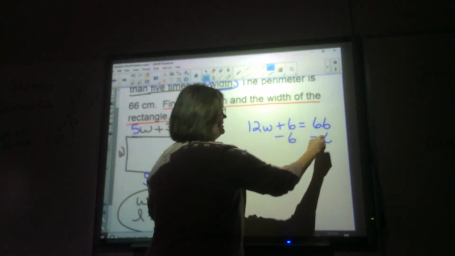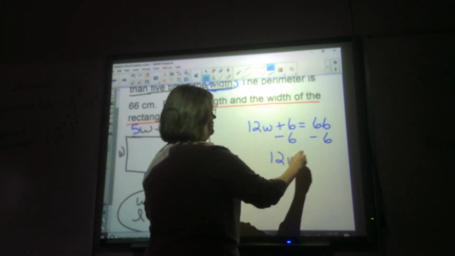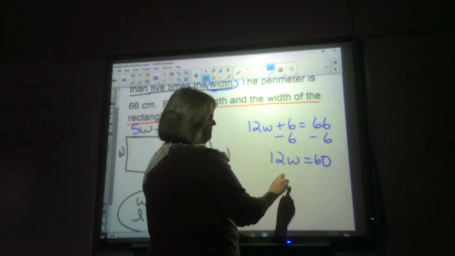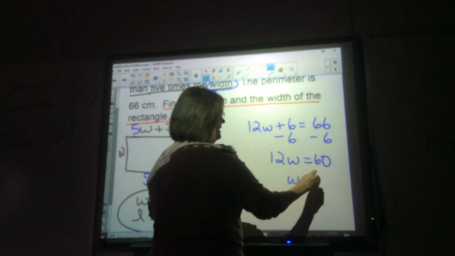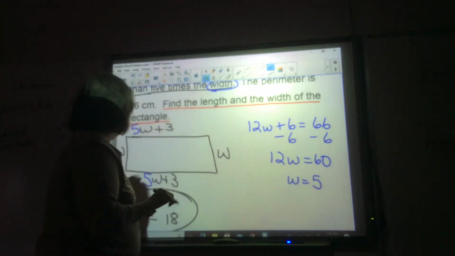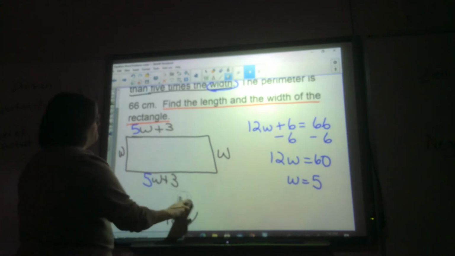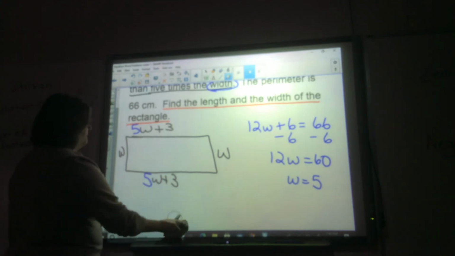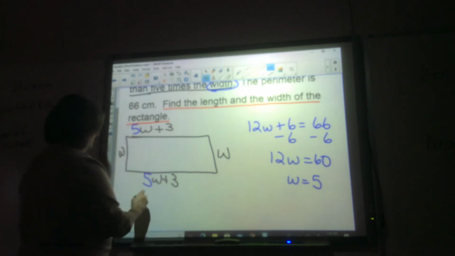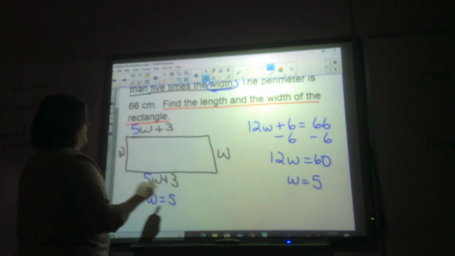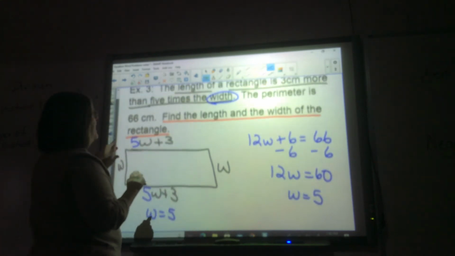Subtract 6 from both sides, and 12W equals 60. Divide by 12, and W is 5. So my width is 5. And my length is 5.